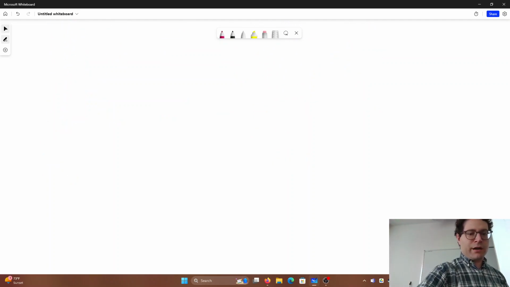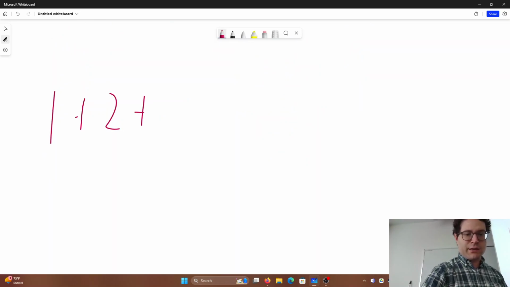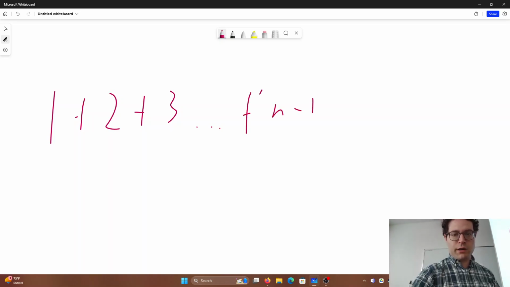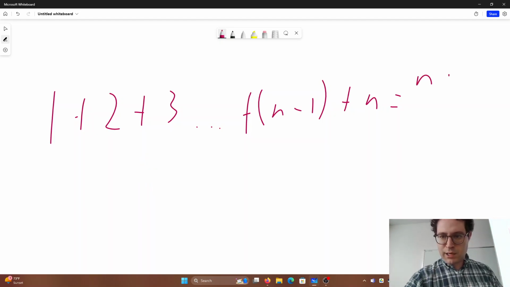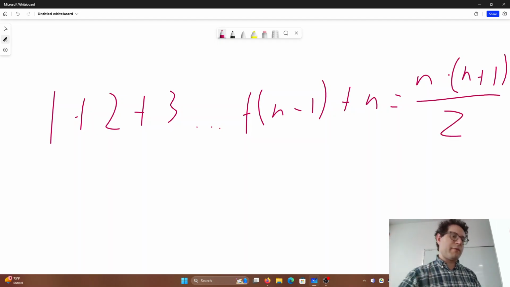Or as we see it posited here, 1 plus 2 plus 3 plus ... plus n minus 1 plus n is equal to n times n plus 1 over 2. That's what we typically say.